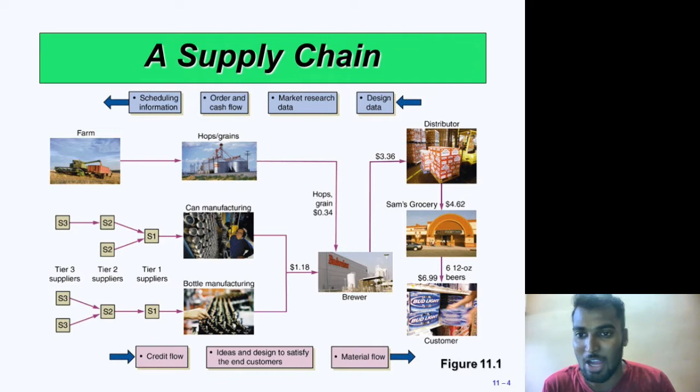Then the hops and grains go to the brewers, where the can and bottle manufacturers act as ancillary. The brewers develop a product and give it to the customer, and it reaches the customer with the help of groceries or distributors.